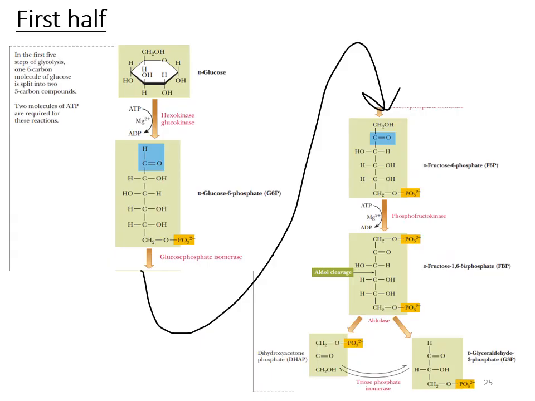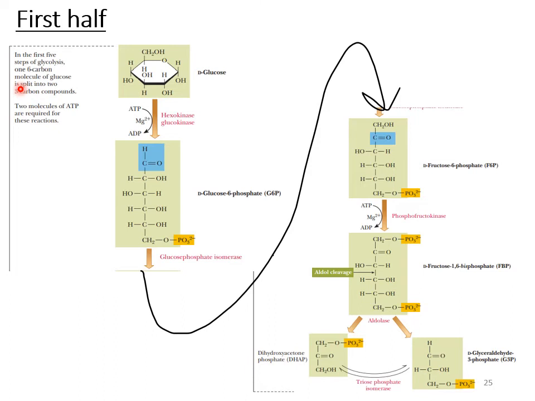So now, again, looking at glycolysis as the first half and the second half, here we have mapped out the whole first half, which means the first 5 reactions or first 5 steps in glycolysis. Those first 5 steps are basically to prepare for the electron transfer and the eventual phosphorylation of ADP.